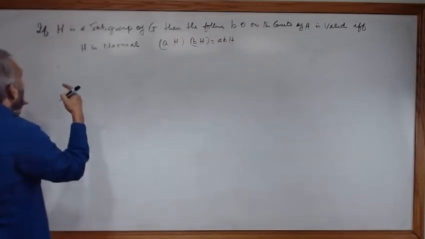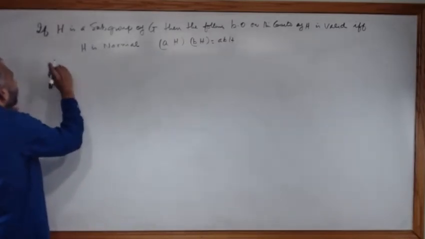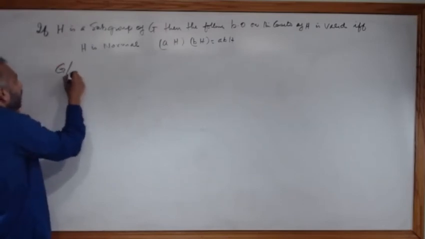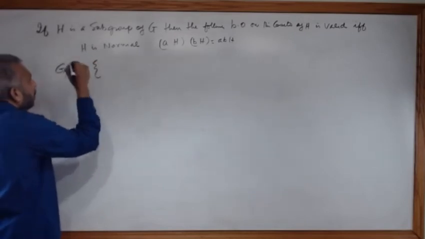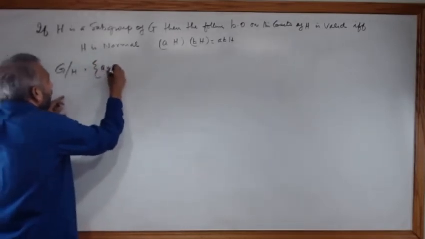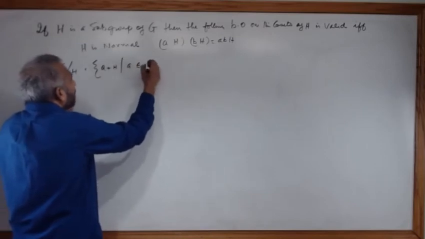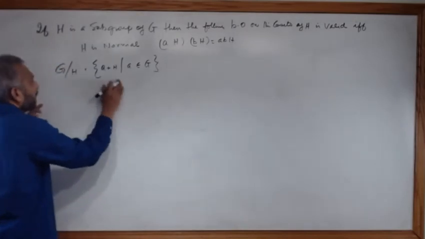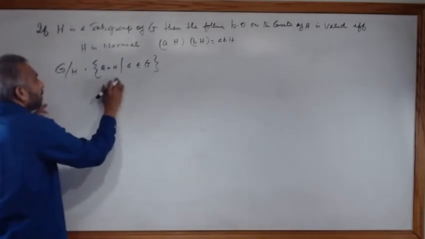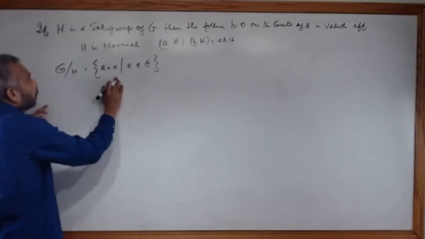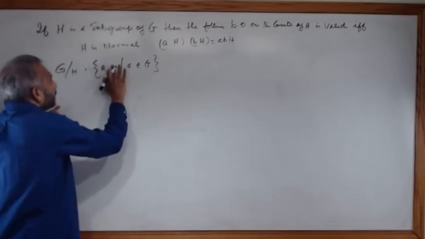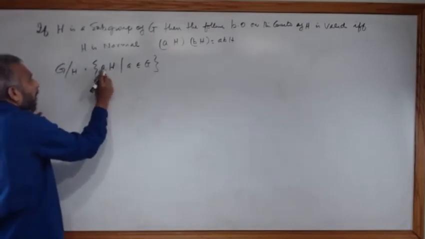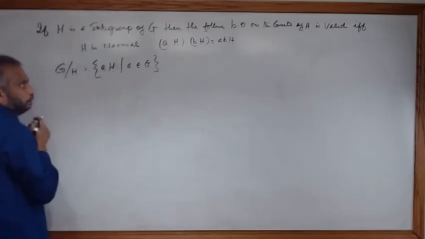So our base set, the factor set G over H, is actually the collection of all AH for all A in G. This is the collection of all left or right cosets.